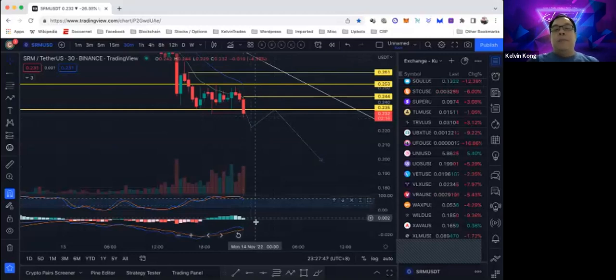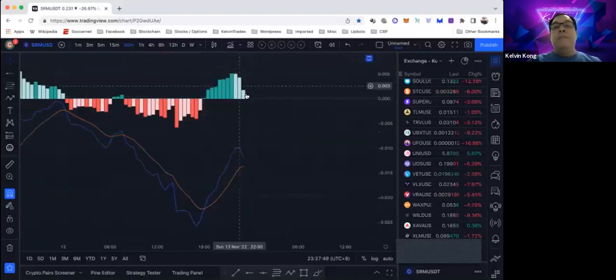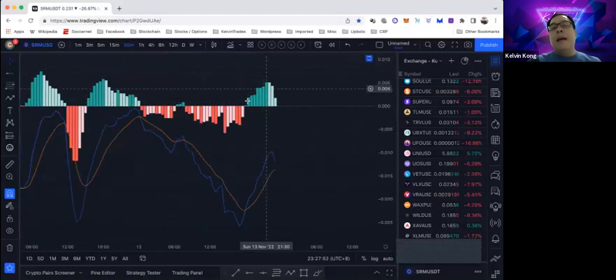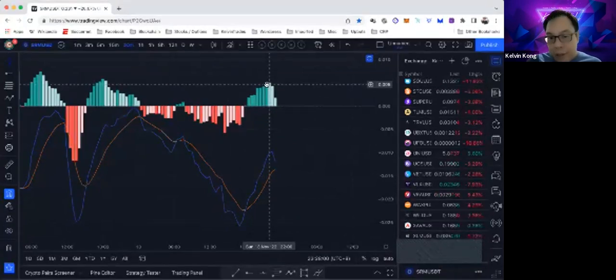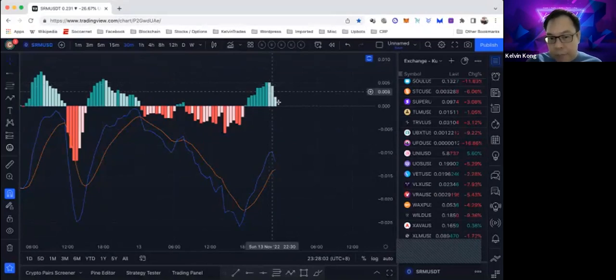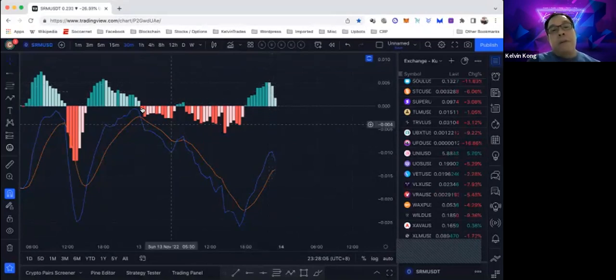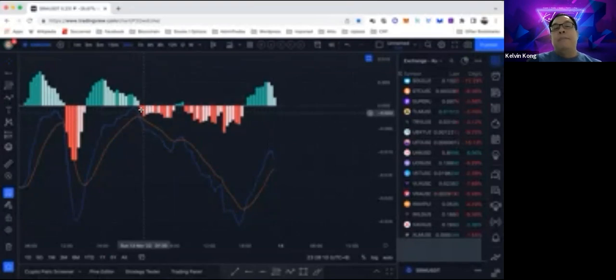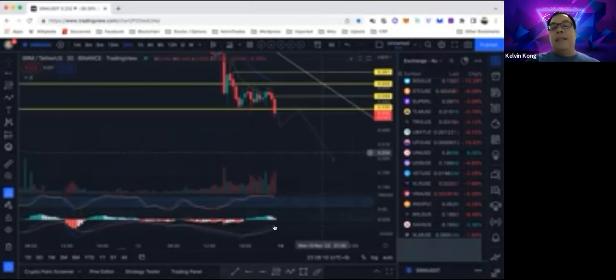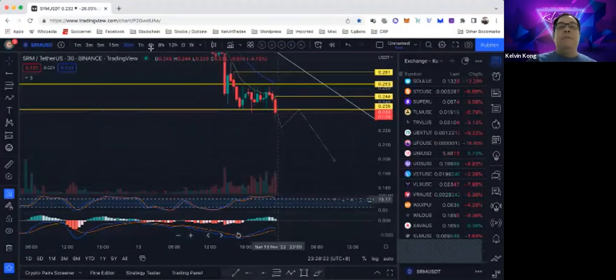Plus, if you look at the histogram, normally after the light green bars start to appear, what follows next will be the dark blue bars, which means strong bearish momentum. So the bullish momentum is over already. Now the bullish momentum is weakening. Plus this is at the bottom. Plus this is coming down.